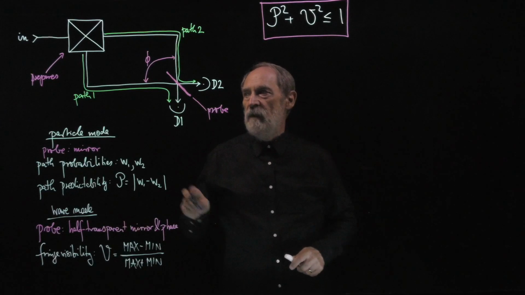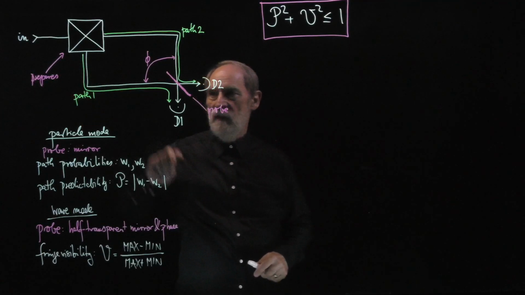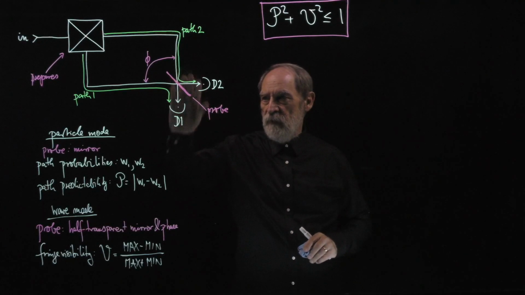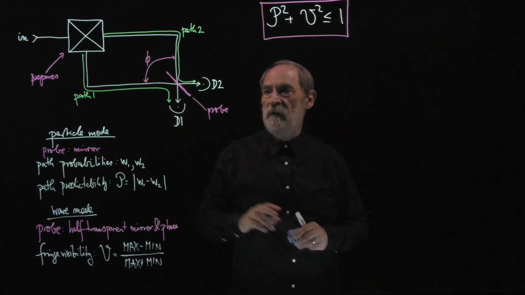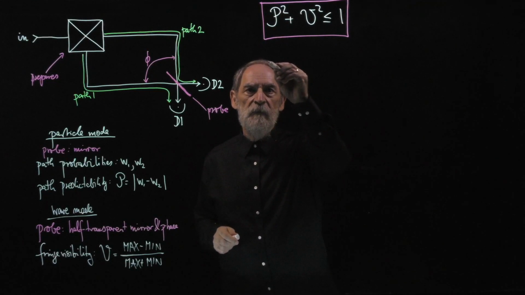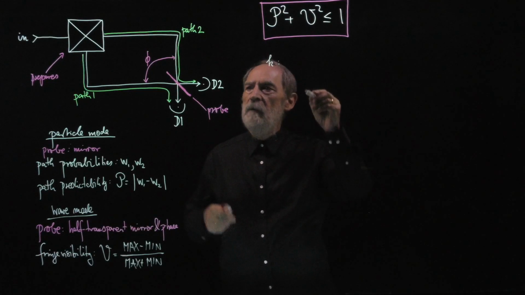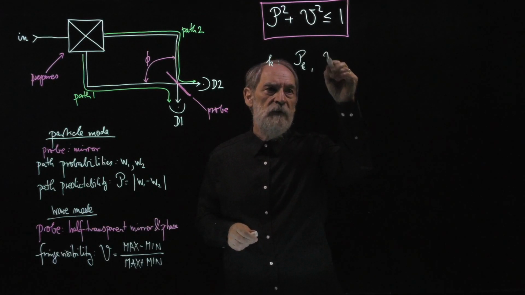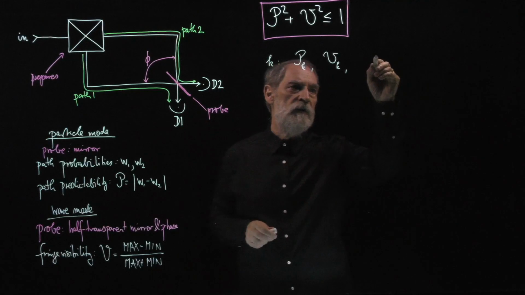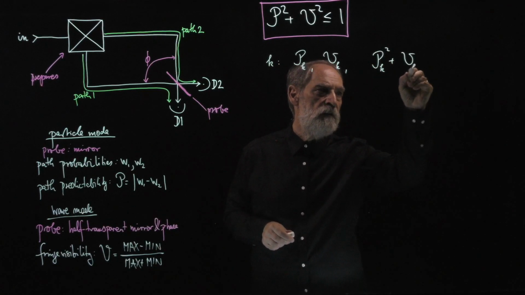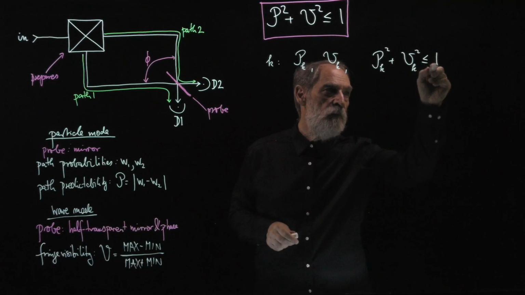But now imagine that the preparation that we do here allows us to identify different subensembles, put labels on the particles such that particles with label k together have a predictability Pk and a visibility Vk, and of course Pk² + Vk² cannot exceed 1.